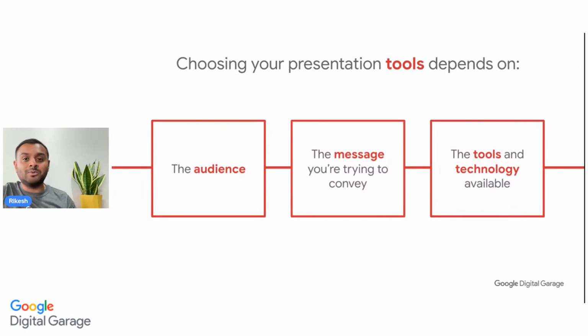If not, is it a little bit more complicated, where you've got an older projector which only takes a VGA cable? You've got to connect that, and then you've got to get an adapter. So a few considerations in that respect as well. Use all three of these as a bit of a filter in terms of deciding which presentation tool route to go down in general.